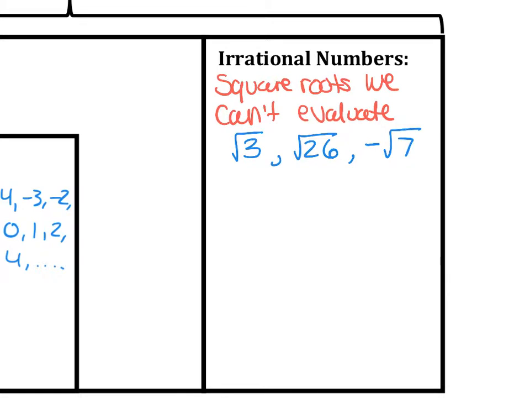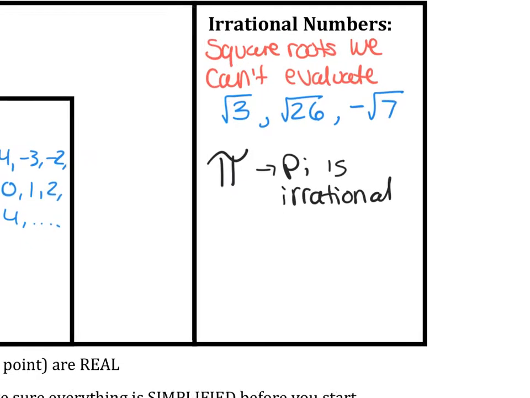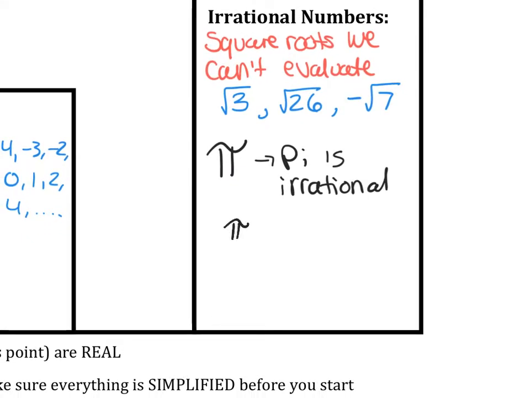There's also a very popular irrational number called pi. That's irrational because pi goes on forever and ever and ever, and there's no pattern to it. Okay, so anything involving a pi, even if we had like pi divided by 2, that would still be irrational. 3 pi, that would be irrational.